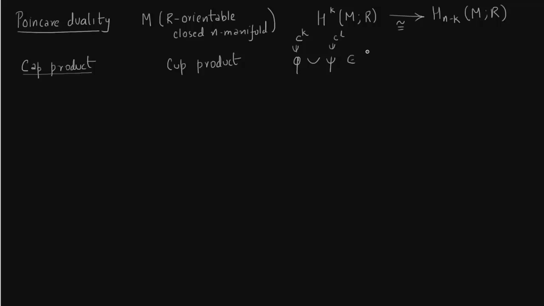So now we change our point of view a bit. We should regard this cup product as a function acting on this map psi. I'm calling the first one phi. So consider this as a function acting on psi.